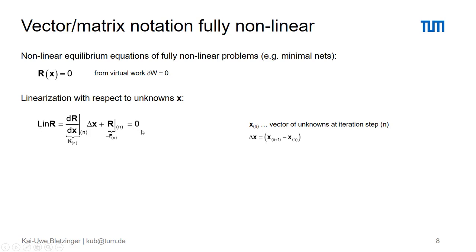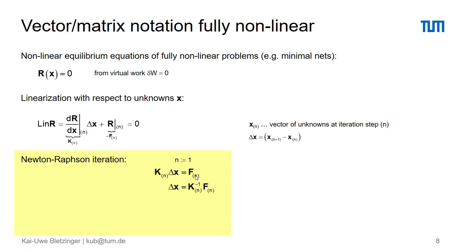So a linear equation we can always solve in terms of the stiffness matrix, refer to the previous slide, now in iteration step n, and the load vector, refer to the previous slide, where R has been identified as the negative load vector. And then the Newton-Raphson iteration works like that. In iteration step n, we have the stiffness matrix, we have the load vector.